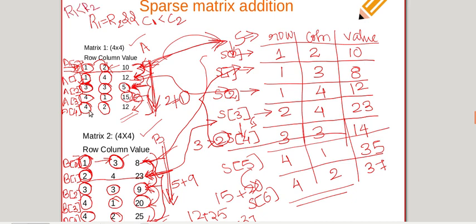If R1 is less than R2, here in this case 3 and 4, while I am comparing 3 and 4, R1 is less than R2, then I can simply copy this into the sum. So in order to copy any element from the A array to S, the condition is either R1 should be less than R2, or R1 is equal to R2 and C1 is less than C2.